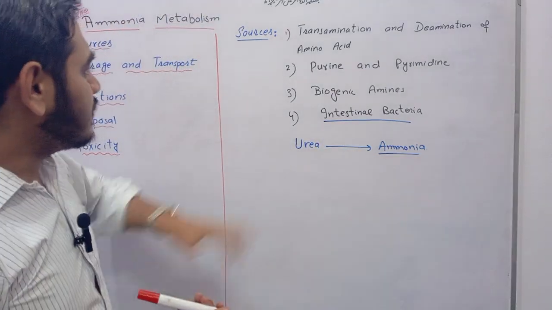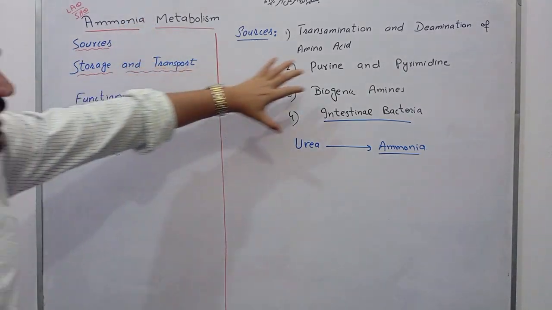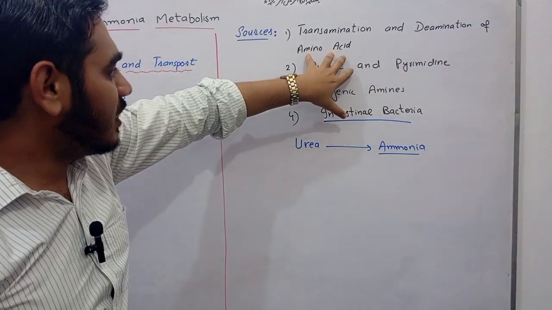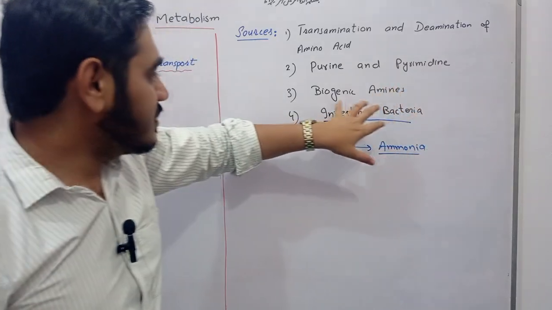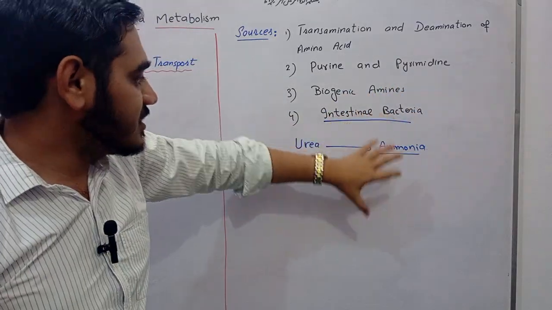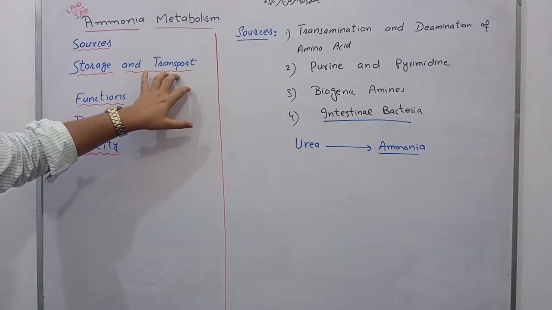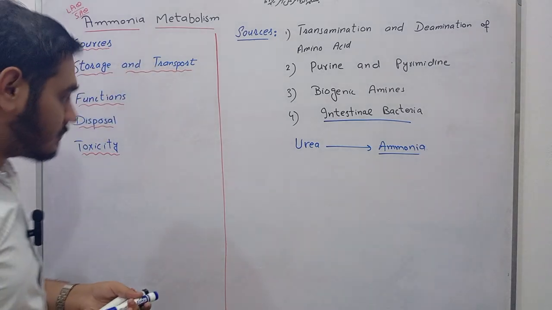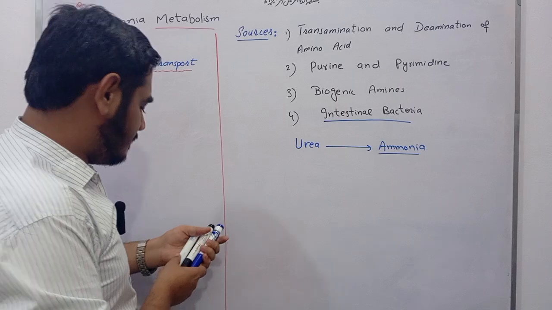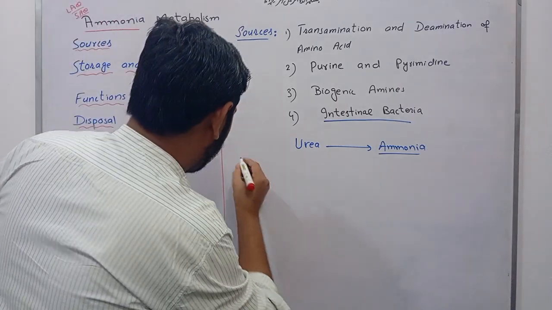So these are the sources of the ammonia: transamination and deamination of amino acid, purine and pyrimidine, biogenic amines, and intestinal bacteria. Now coming toward the storage and the transport of ammonia.